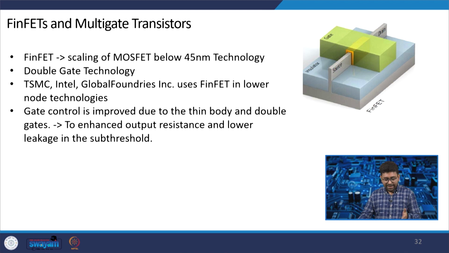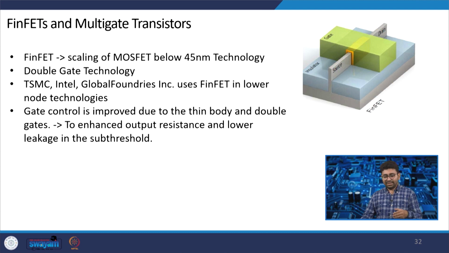So, scaling of MOSFET below 45 nanometer has been done in order to lower the channel length, and the gate control is now improved. In the previous cases, if we tried to reduce the length, the gate control was not sufficient.